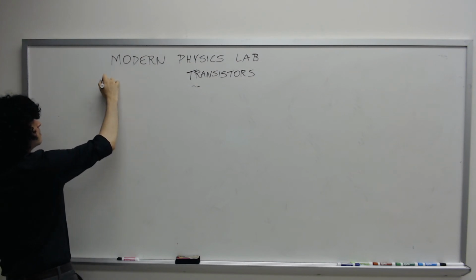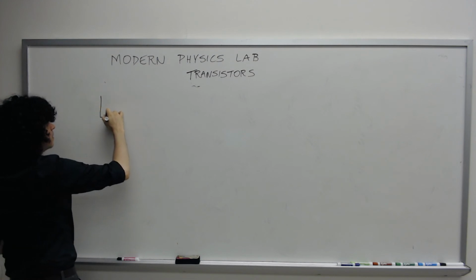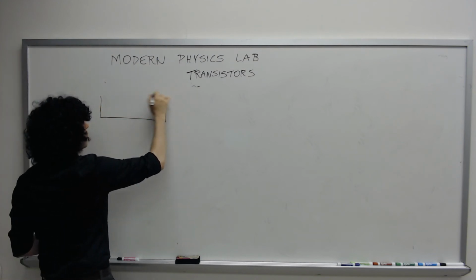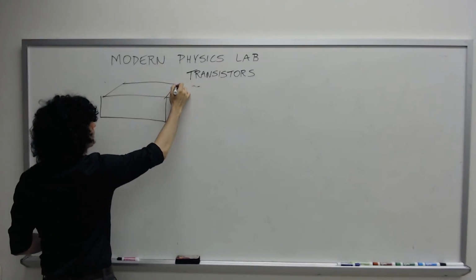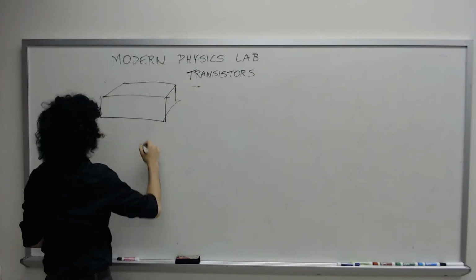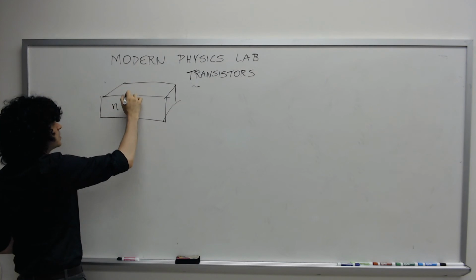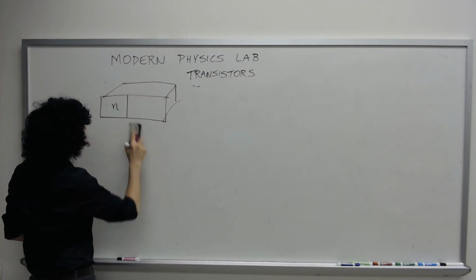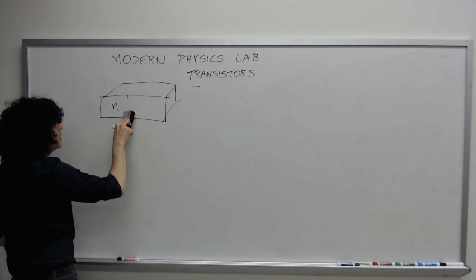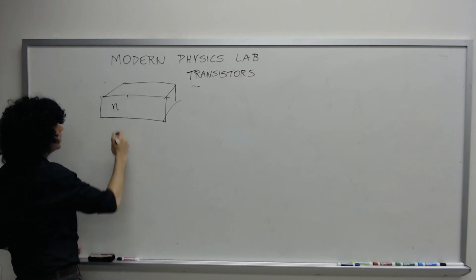So here I have an N doped side, for example, heavily doped.